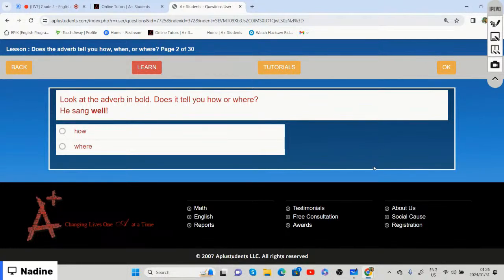Look at the adverb in bold. Does it tell you how or does it tell you where? So the adverb in bold, does it tell you how or where? He sang well.